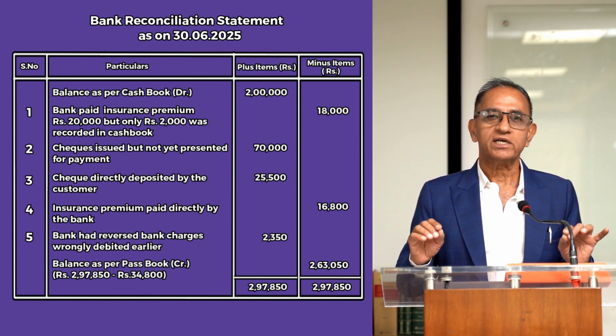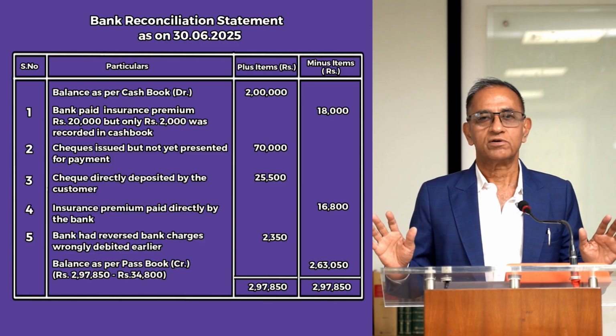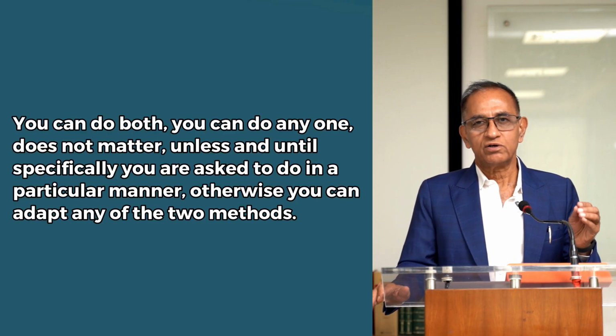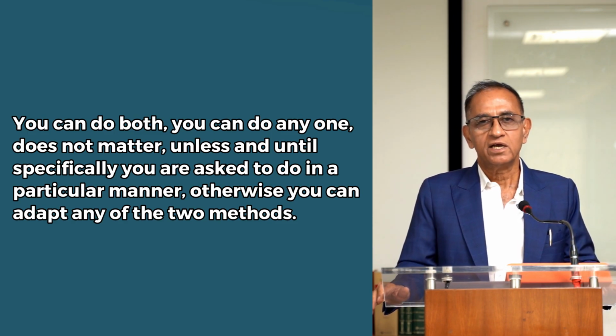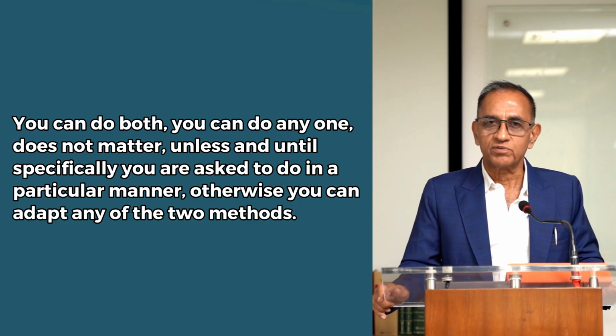This would become my balance as per the other books, right? So the alternate method of presentation of bank reconciliation statement is this. So both the manners of presentation, you are familiar with now. You can do both, you can do any one, it does not matter unless you are specifically asked to do it in a particular manner. Otherwise, you can adopt either of the two methods, right?